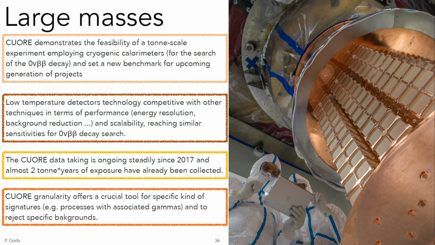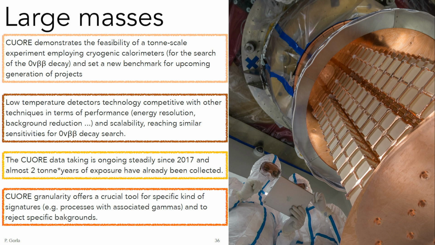And also, of course, the granularity of such a detector offers a very interesting tool for a specific kind of signature and for rejecting specific backgrounds. So one of the real advantages of such a detector is that you can profit from the 988 detectors.